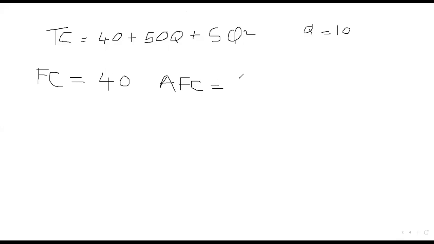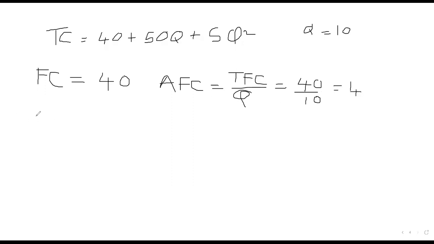Total fixed cost over the quantity. So the 40 divided by the 10, which gives us a 4, correct? So the value of the average fixed cost becomes our 4.